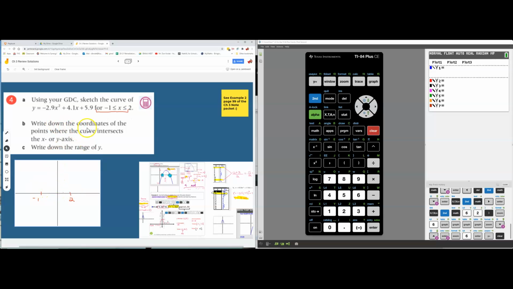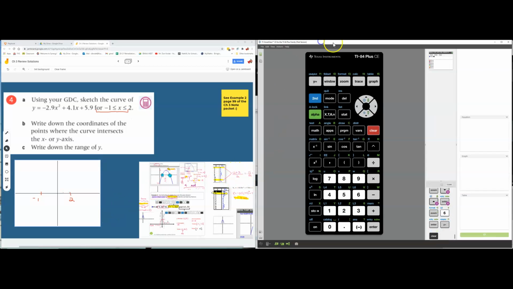And then it says write down the coordinates of the points of the curve where they intersect the x or y axis, and write down the range. So the first thing we're going to do is type in our equation here.